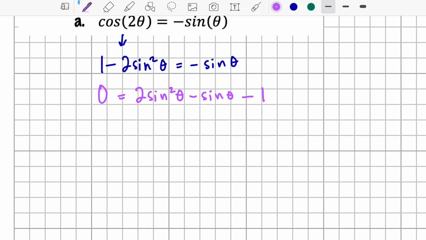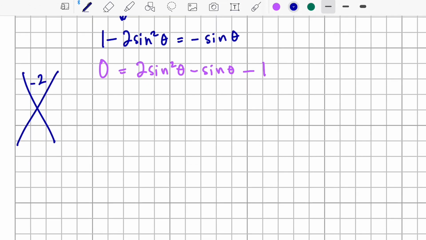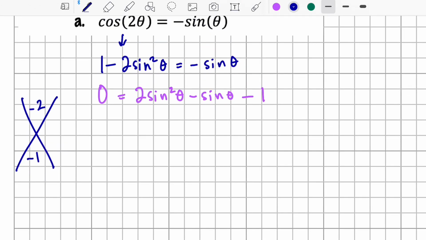Now, think of when we would solve a quadratic where we do the x factor. And on top, we'll have a negative 2. And on the bottom, we're going to have a negative 1. So I need two numbers that multiply to give you a negative 2, but add up to a negative 1. That would be a negative 2 and a positive 1. But remember, this one starts with a 2. So I have to do that extra step that I've taught you.